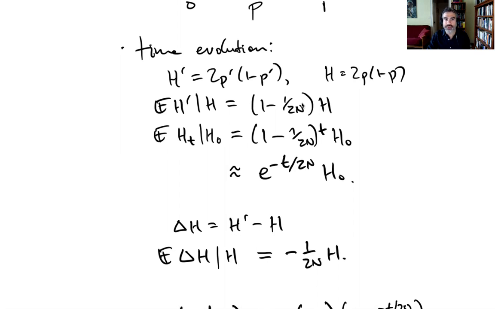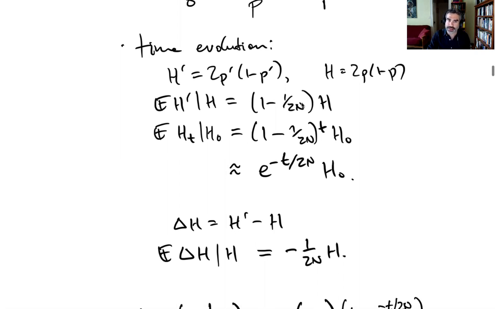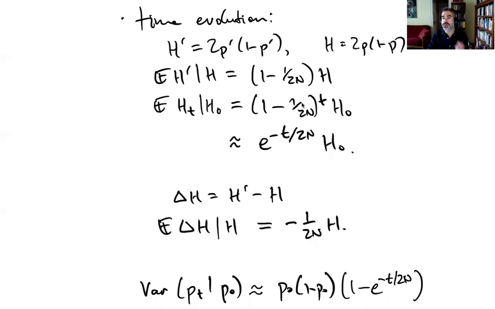Now, the future allele frequency p_t, given the current allele frequency p naught, accumulates variance. And that happens in a complementary way. You can also show with some simple algebra that the variance of p_t given p naught is approximately p naught (1 minus p naught)(1 minus e to the minus t over 2n).